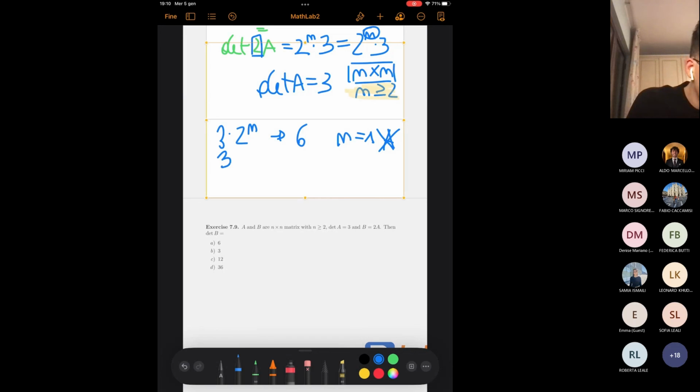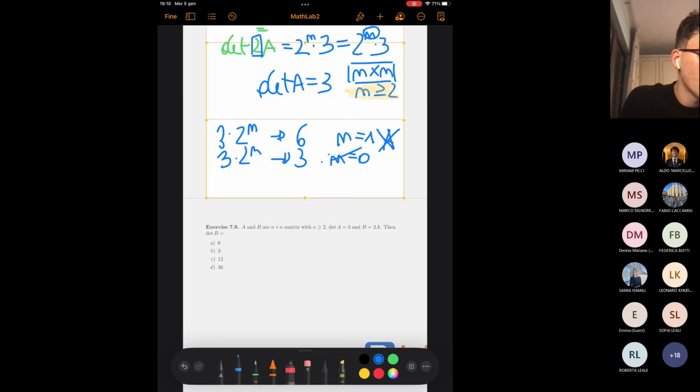The second one is 3, B. 3 times 2 to the power of n is 3. But in order to be 3, n should be equal to 0, because it's 3 times 2 to the power of 0, which is 3.